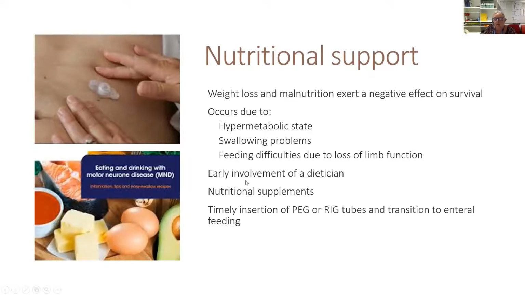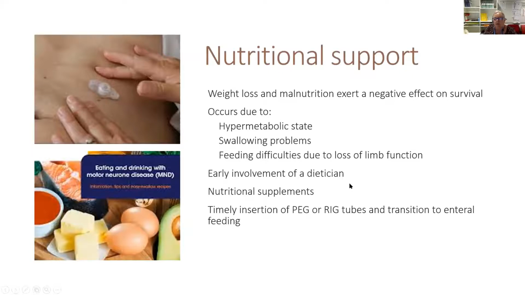It's important to have early involvement by a dietitian and to recognize early the nutritional requirements that the dietitian may recommend.